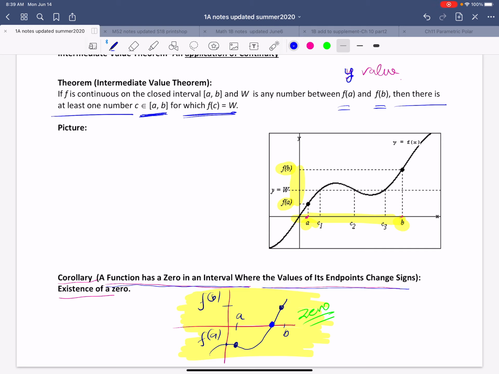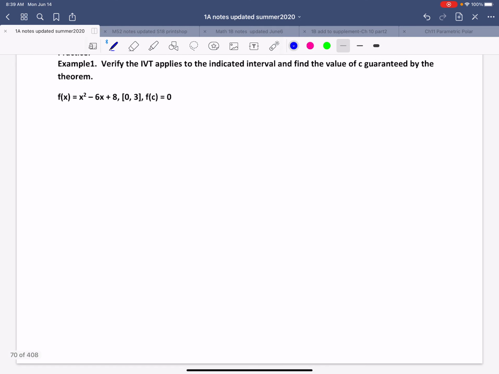I must have a zero, an x-intercept, a root or a solution if f(a) and f(b) have different signs, like in this case. f(a) would be negative and f(b) would be positive. The y value is negative for point A. The y value is positive for point B. So the y value switches sign. If the y value switches sign, that means I do have an x-intercept in there. The graph must cross the x-axis.